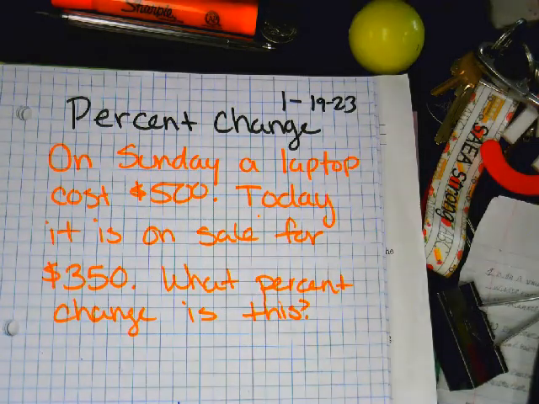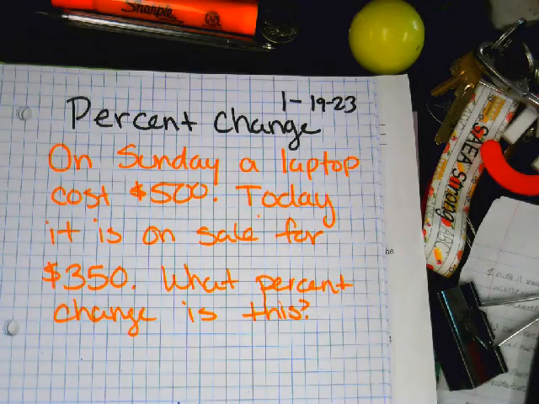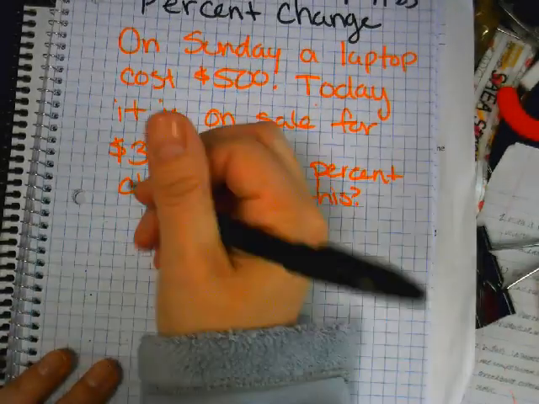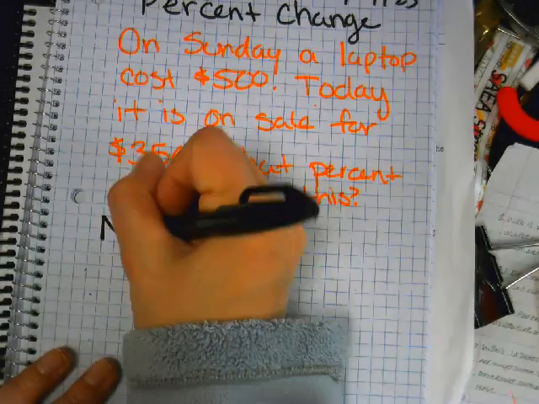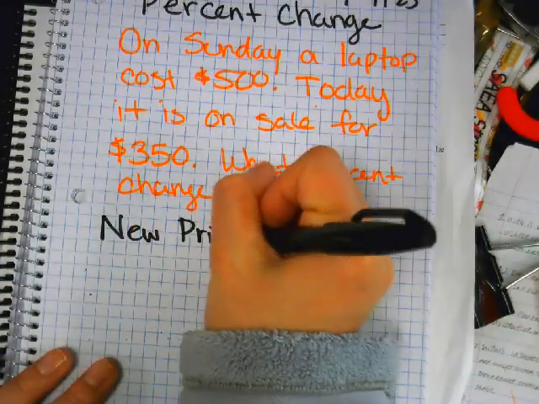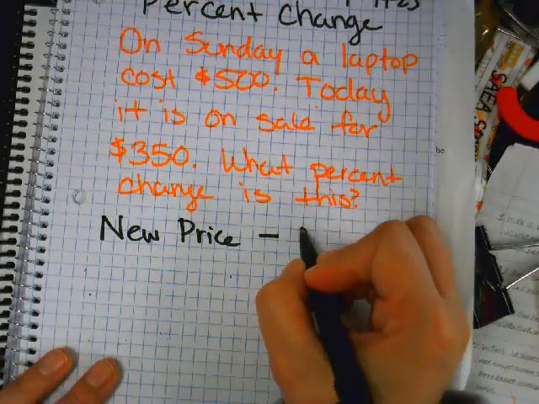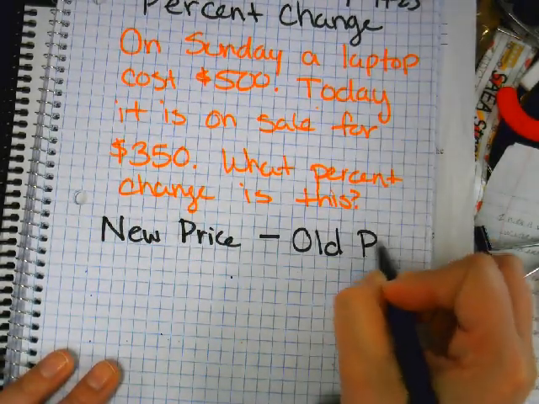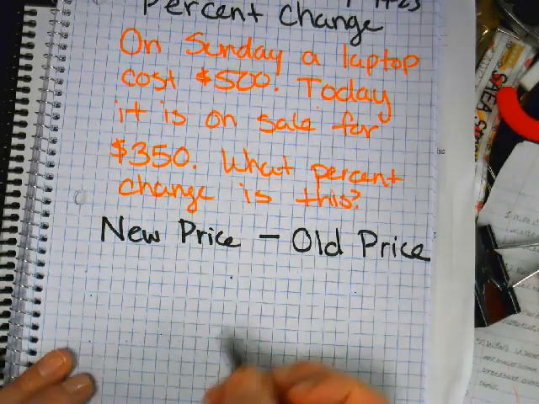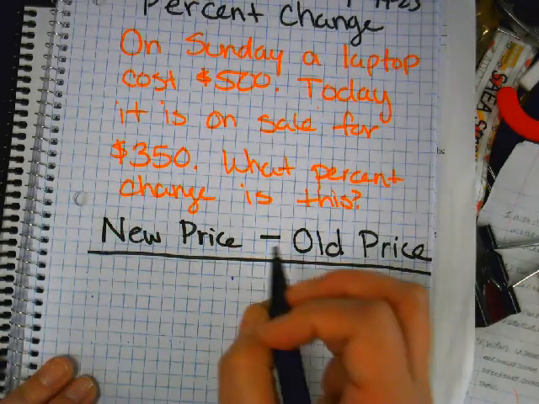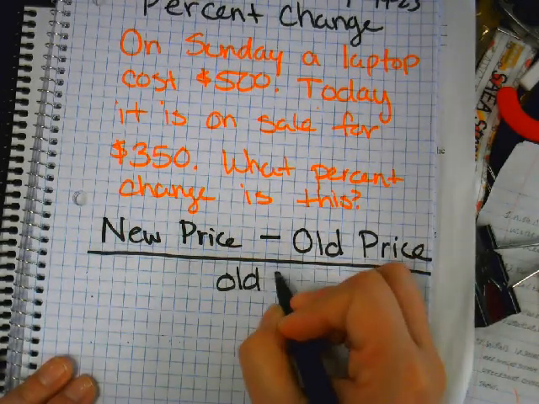And this is how you do it. This is the formula. You're going to take the new price and you're going to subtract the old price, and then you're going to divide it by your old price.